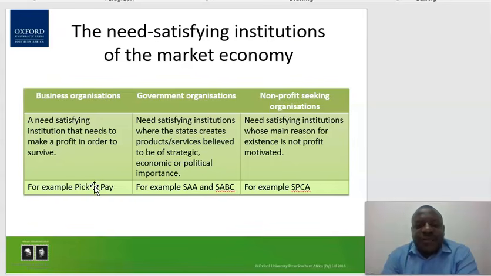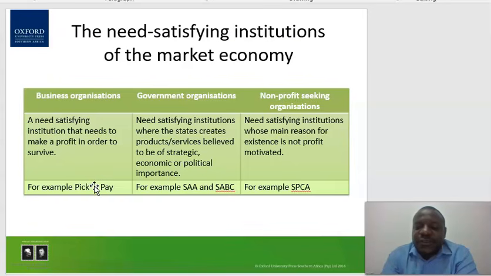Then in terms of government, these are need-satisfying institutions where states create products or services believed to be of strategic, economic or political importance. Those government organizations offer certain services or products that would not be offered by private businesses.